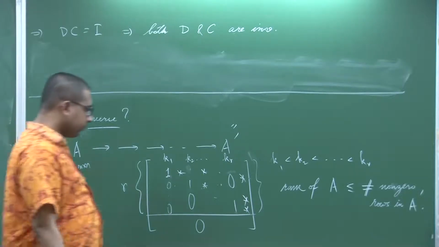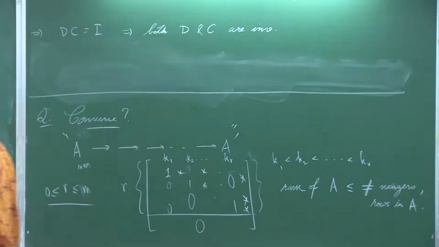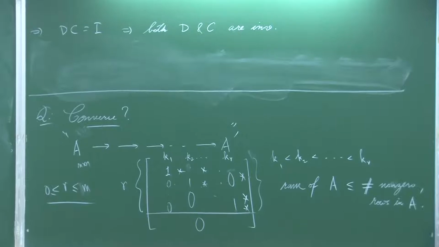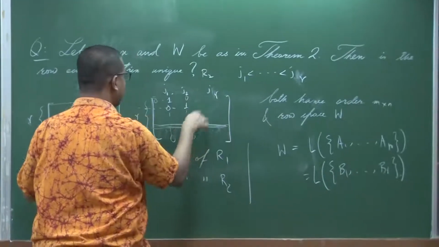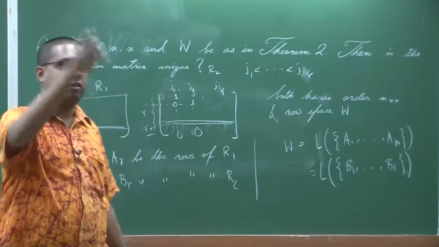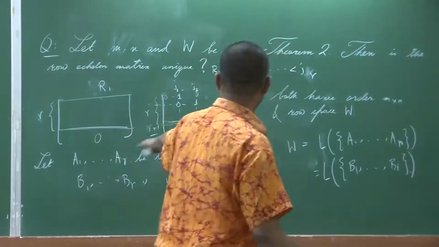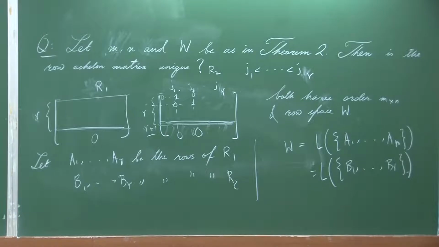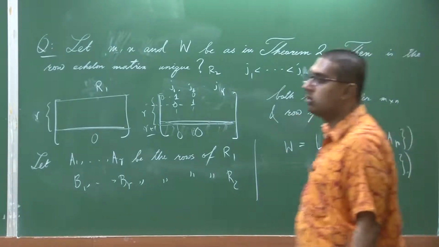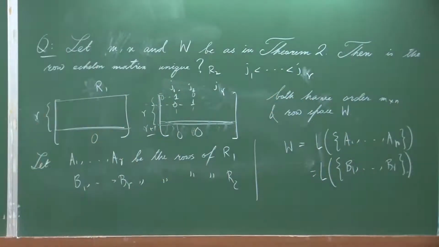So, therefore, what we have seen is the matrices obtained from R1 and R2 by deleting the m minus r zero rows. After deleting the rows, the matrices are equivalent in the sense of row equivalence.